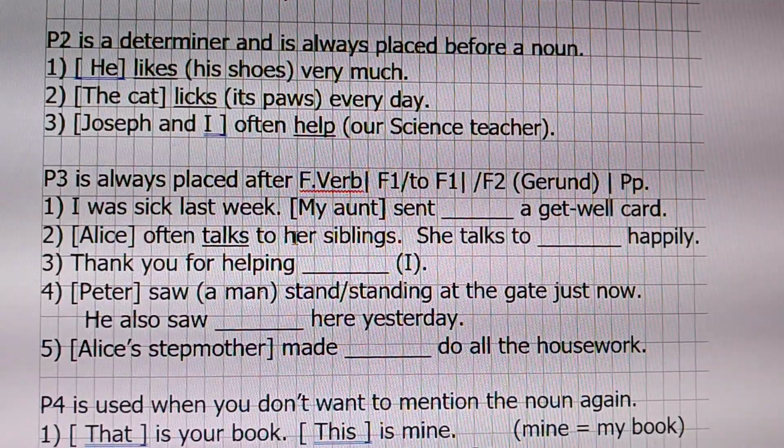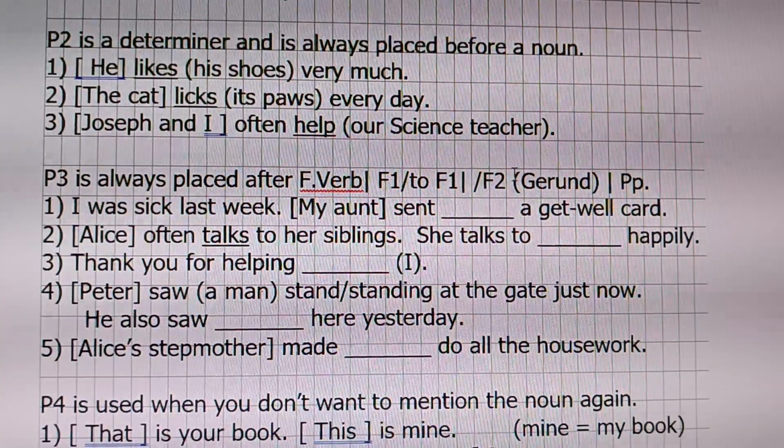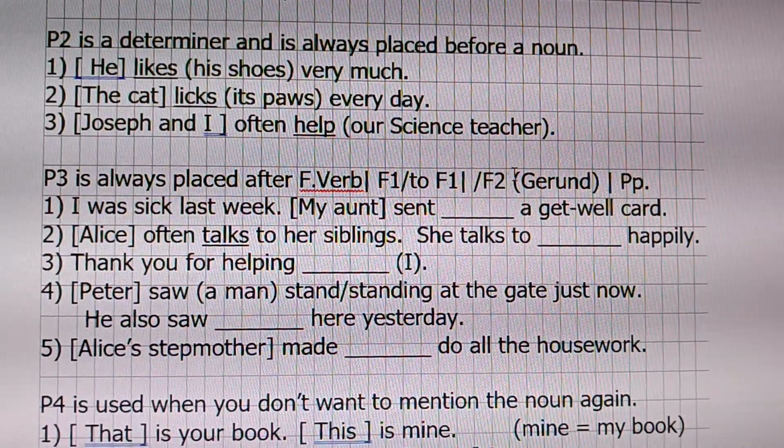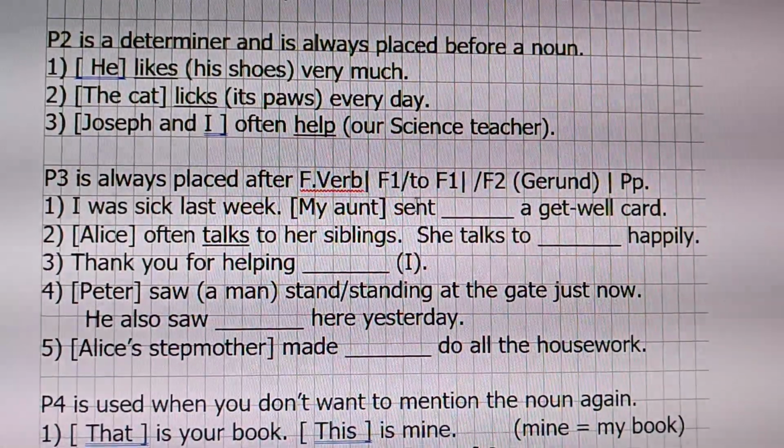P3 is placed after a finite verb, a non-finite verb, that is an infinitive with to or without to, or a gerund. Gerund is when a verb is in the subject or object position, and it's called gerund. Or after a preposition, PP. One capital letter and one small letter stand for preposition.